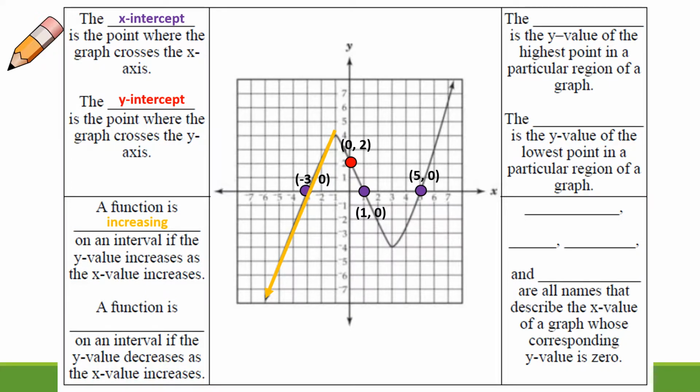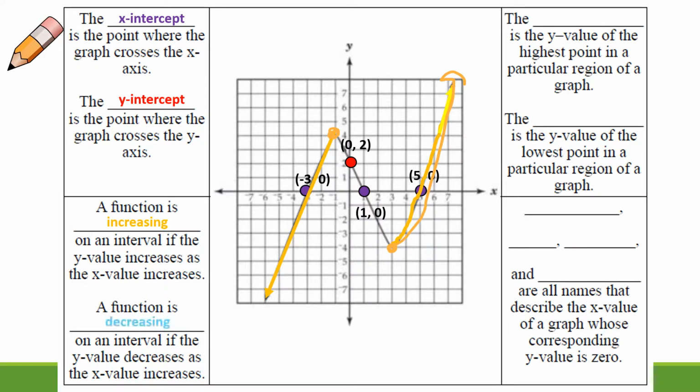When we read from left to right, we're starting on the y value at negative infinity all the way going up to the y value of 4. And then we also have another increasing interval, and that starts at the y value of -4 and goes on forever in the positive y direction and x direction, okay?